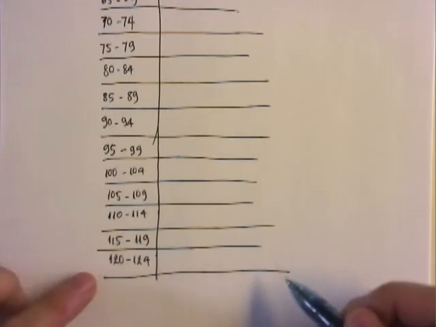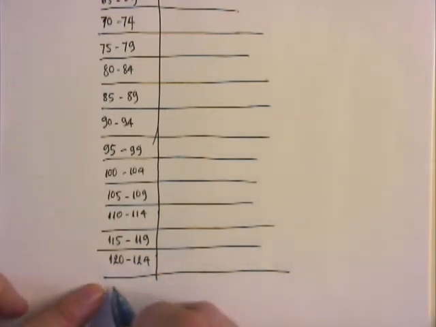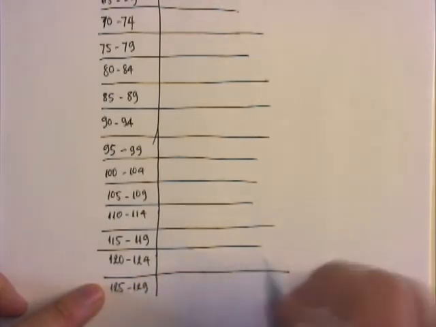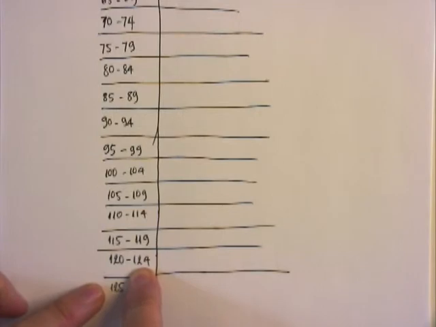But here you can see I don't even have to bother with 125 to 129. What's the reason? Technically you can, but my last data value ends at 124, so I can legitimately stop at the class between 120 and 124 and skip this final one.